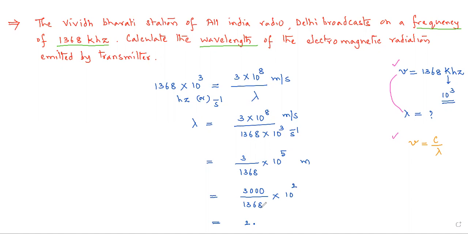A nearby value can of course be written, but here I think we need to check. It comes out to be 2.19 into 10 power 2, nothing but 219 meters.